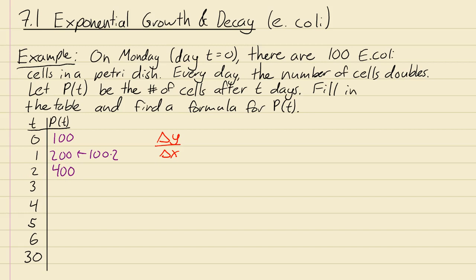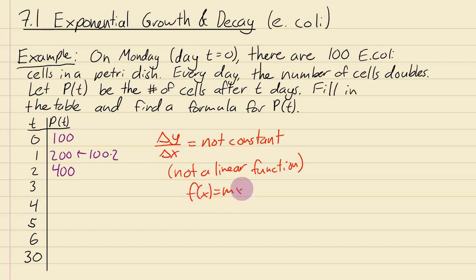And so delta y over delta x is not constant here. So it's not a linear function. Now, at least we know it's not going to be something like f of x equals mx plus b. So it's not that kind of function. Let's see how it works.